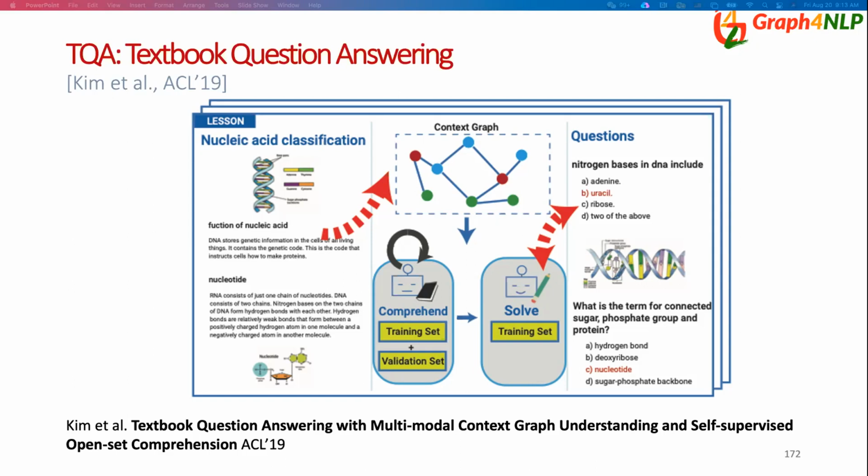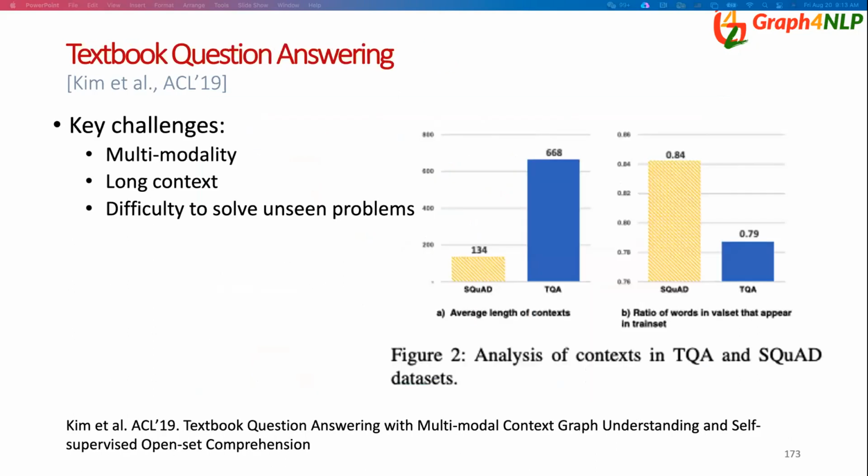So this requires solving a multimodal question answering problem, and the questions themselves could also be text-related or diagram-related. The key challenge is, first of all, that it contains both visual and textual content, so this is a multi-modality problem.